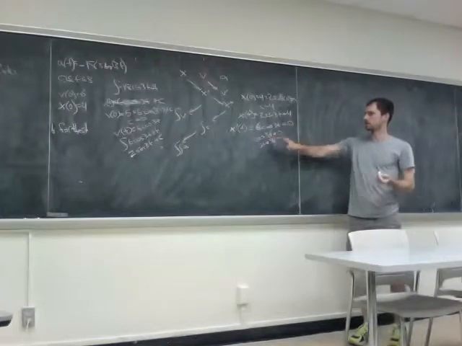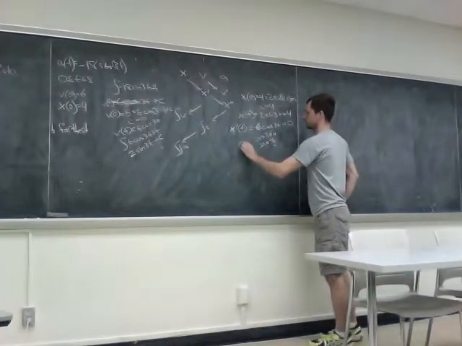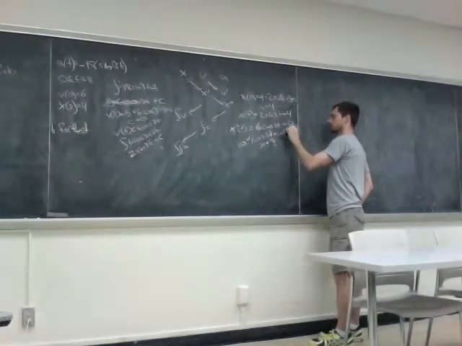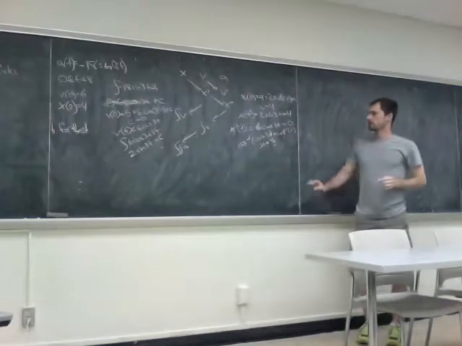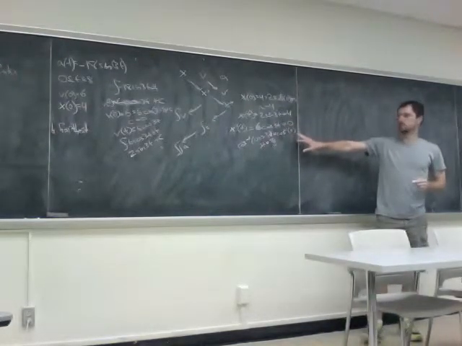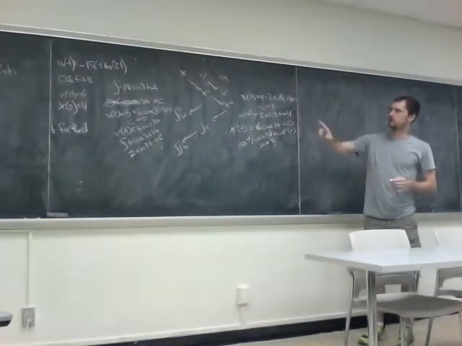Another way to say that is, if I took cosine inverse of both sides, then I'd have 3t equals where the cosine inverse is equal to 0. So that's pi over 2.